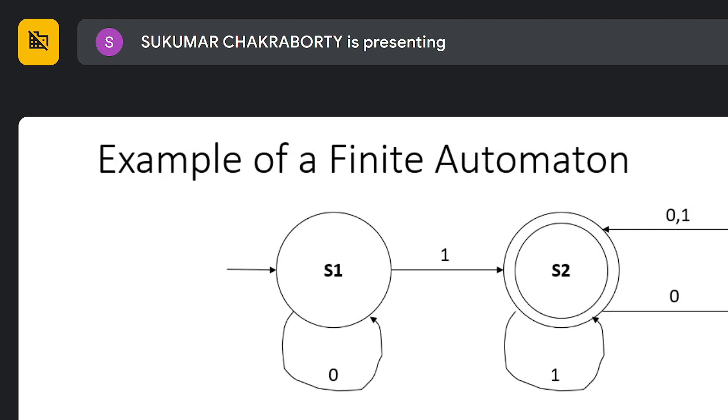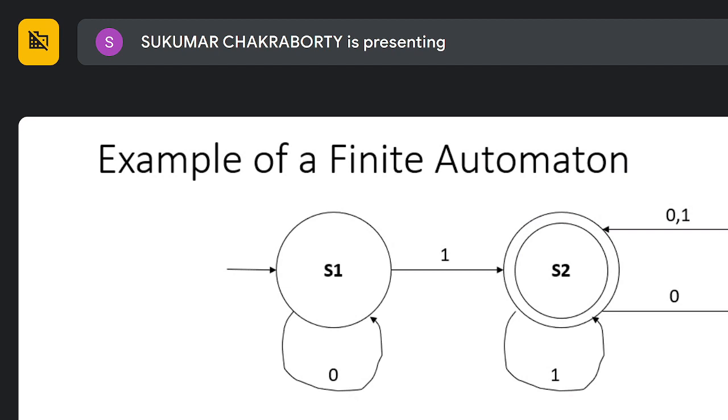This indicates that S1 is a start state. That means the initial input comes into the S1 state. And for S2, you see there are two concentric circles instead of one. So this state is called an end state or a final state.